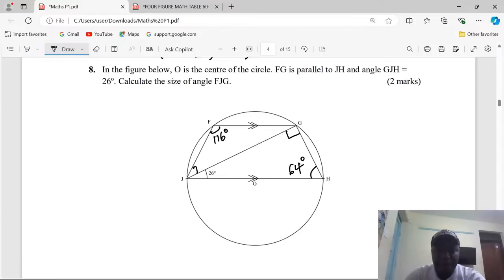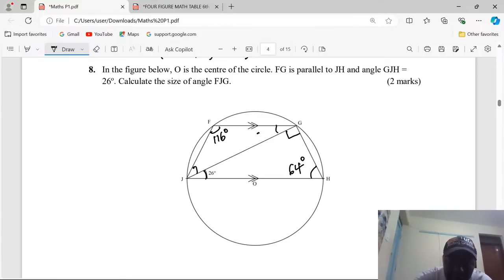Finally, let me apply a principle here which is going to help us. We said FG and JH are parallel to one another. That means JG or GJ is acting as a transversal line. And so the angle at this point with the angle of 26 here are called alternate angles.